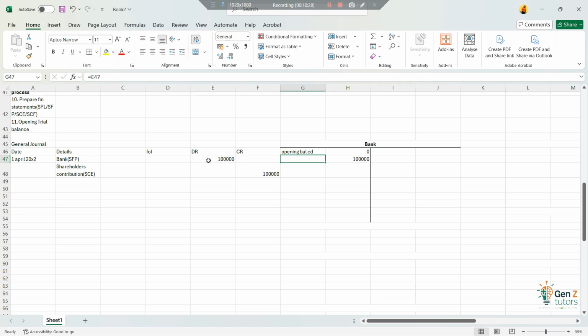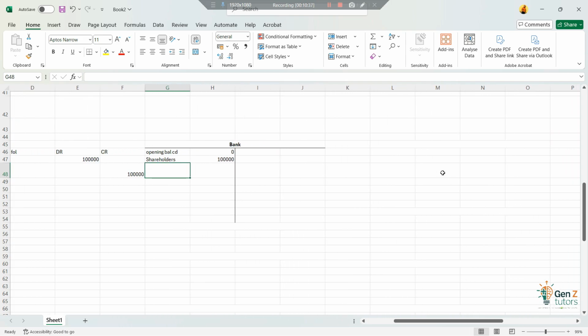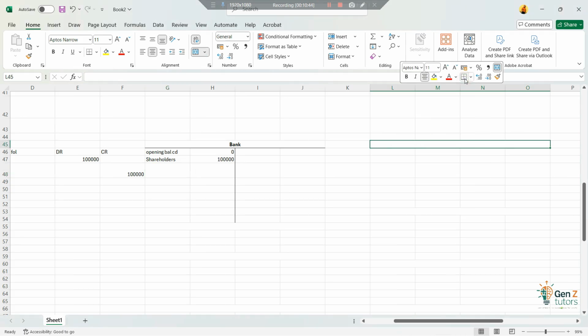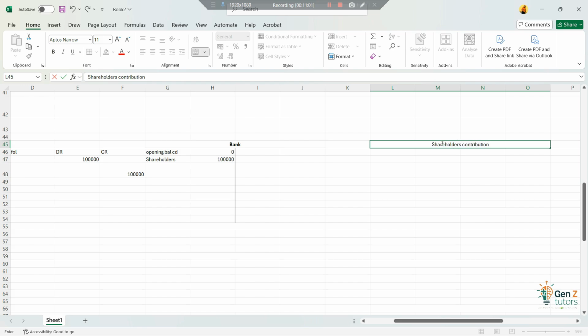And then from there, we're gonna say, why did we debit 100,000? It is due to shareholders contribution, right? Shareholders contribution, we did that. And then after that, what are we also going to do? We're gonna come to the side and say we're gonna create a shareholders contribution ledger.